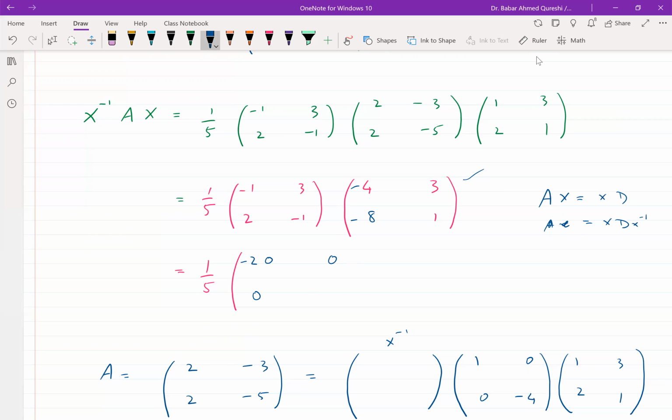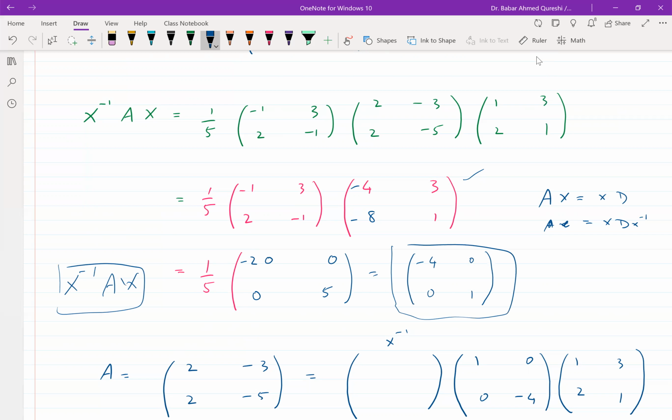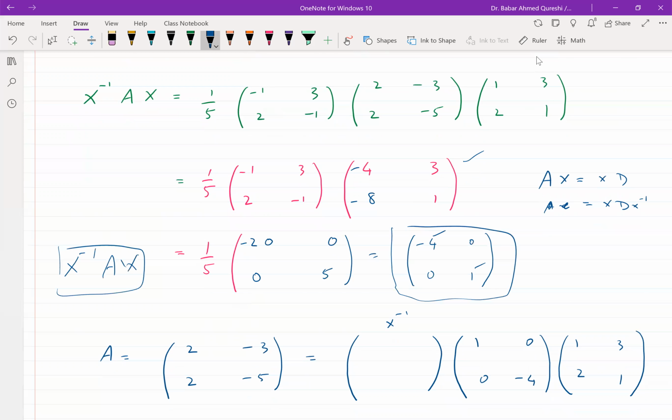Then 3 times 2, 6 and minus 5, 1. So it gives me what I wanted. Yeah, so we have confirmed it. Thank you very much. When I do this, I do diagonalize it, and on the diagonal I'm getting the eigenvalues.